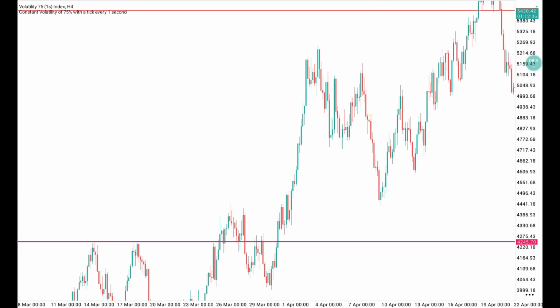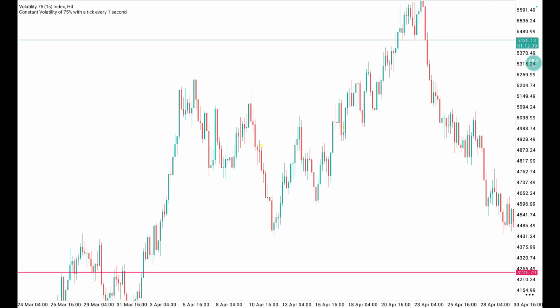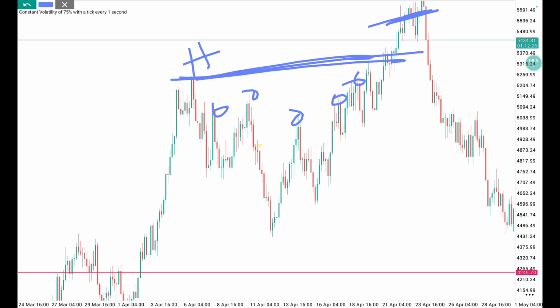So where is our next higher high? Now this is the thing. We now have a higher high. Where do we have the next higher high? It's up here. So every high here is an internal high until we trade above this line, this external high.